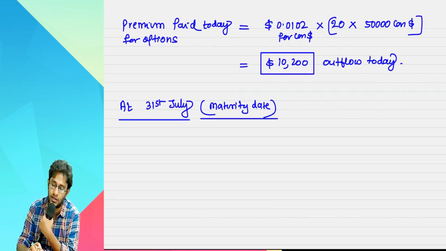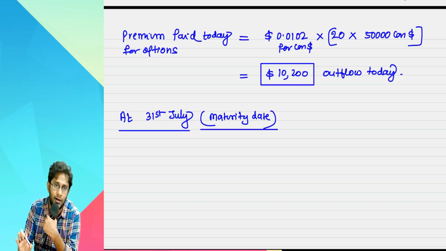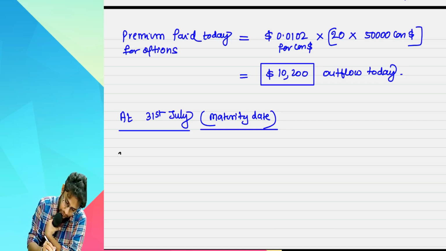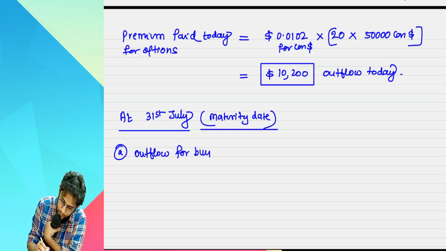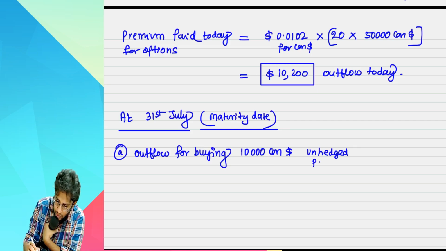But here one more twist is there. What is that? The option you have taken is only for 10 lakh CAN dollars. Another 10,000 is there. That you have to literally buy in the open market without any protection from the call option. So first we'll handle that. Outflow for buying 10,000 CAN dollars, which is the unhedged portion.